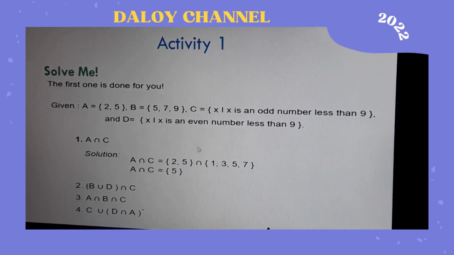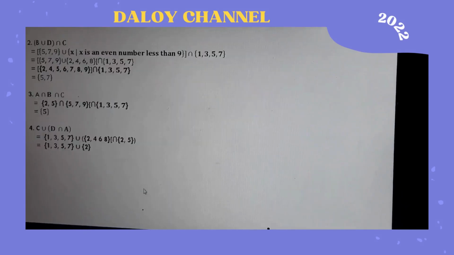Compared with set A, we have 2 and 5. So their intersection is only an element of 5. So do the rest. I will give you time to answer it, then I will check it later.